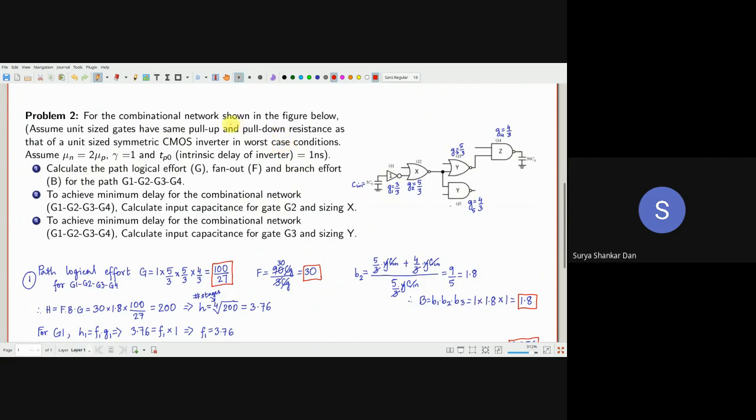Okay, so calculate the path logical effort for this G1, G2, G3, G4. This particular path. Okay, we will do it. Now, the first thing that you have to keep in mind is that your C out is here, and your C in is here.